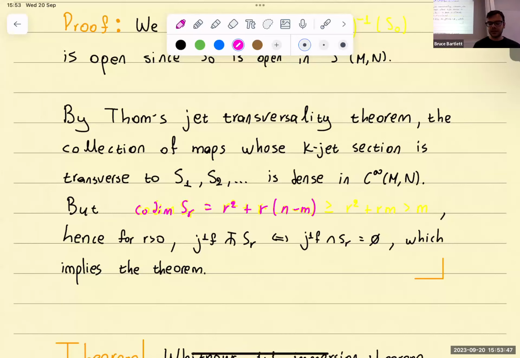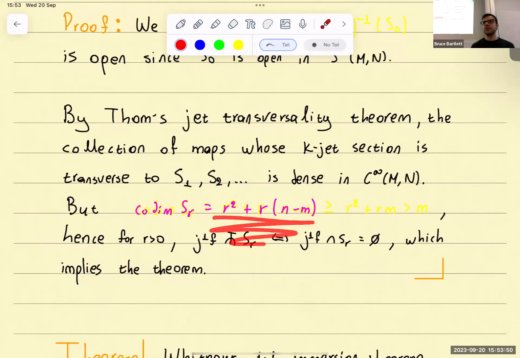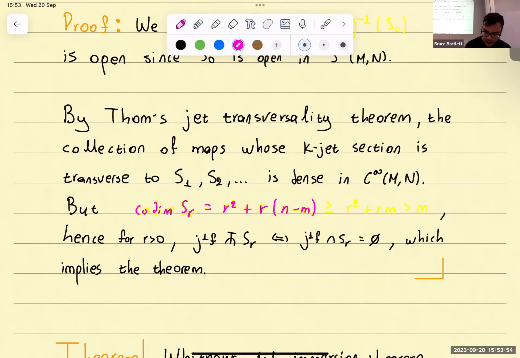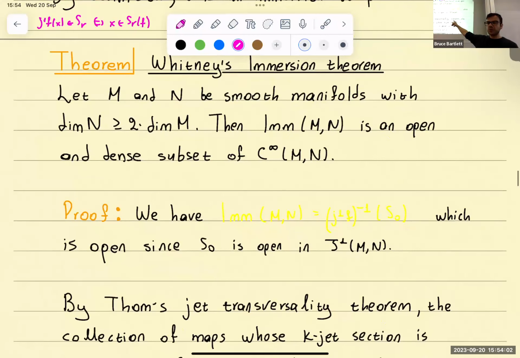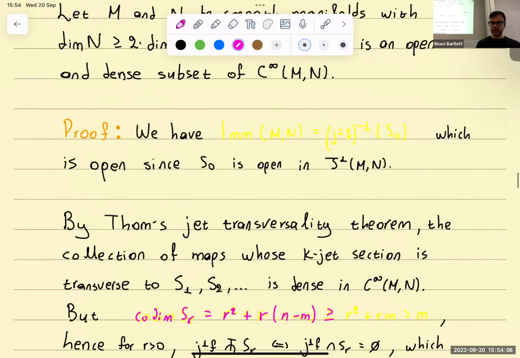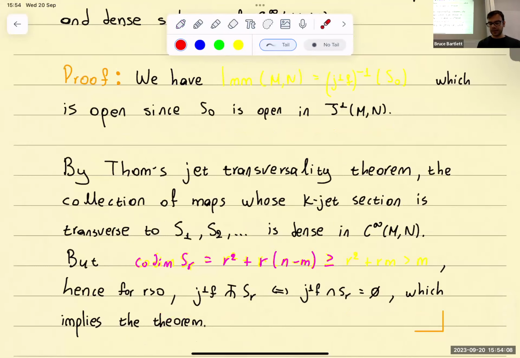That was the little formula that I gave you in the first half of the talk. It was an absolute value, but now I took the absolute value out because I know that the dimension of N is greater than the dimension of M. So that's why I directly wrote it as N minus M.